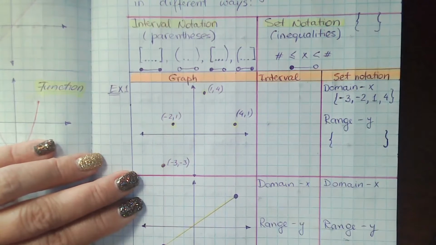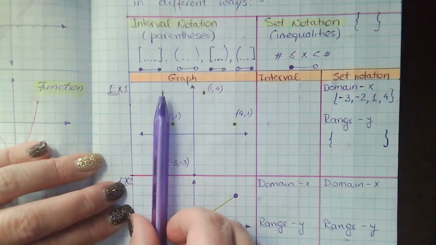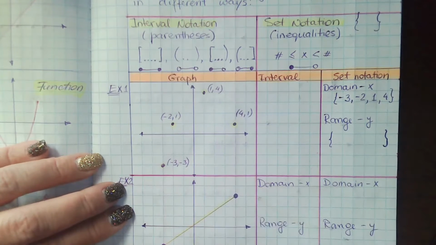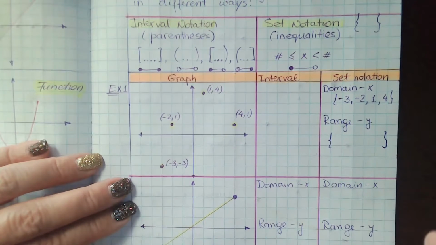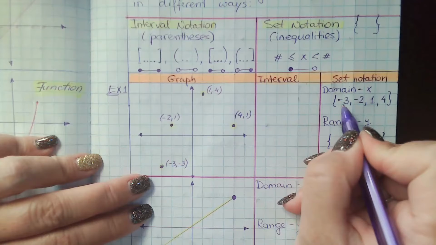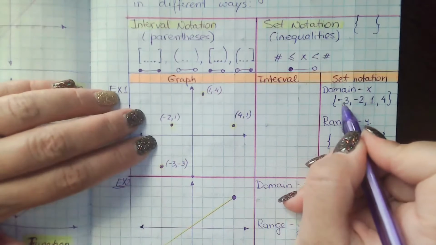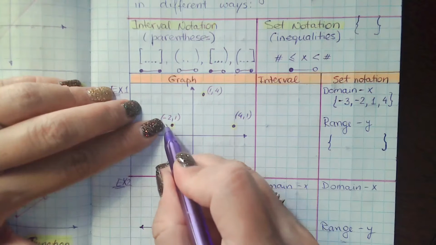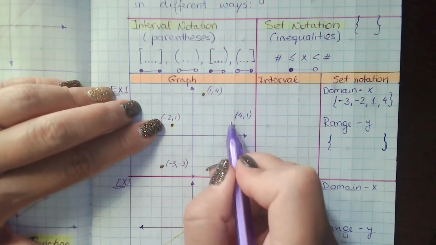This relation is a function. For every input, there is an output, so I can check with the vertical line test. The domain of this relation is the x values in this relation. If I look at my x values, -3, -2, 1, and 4.